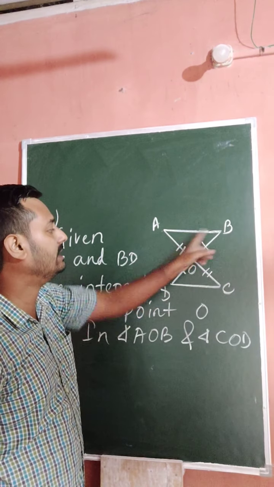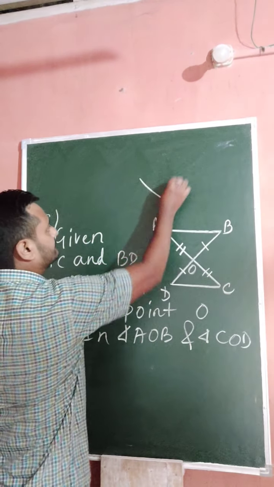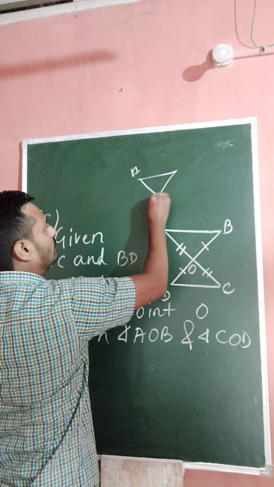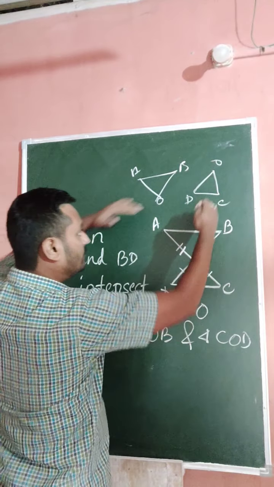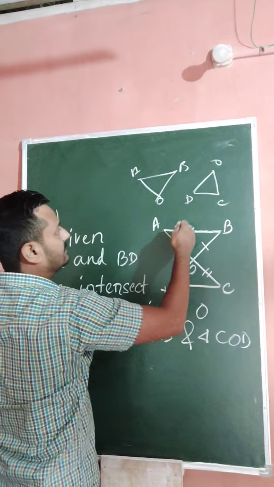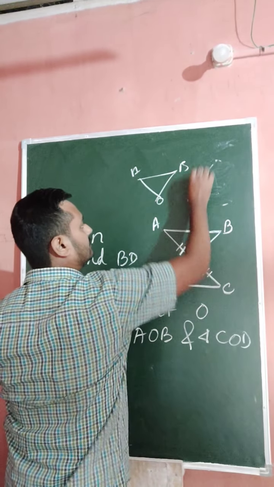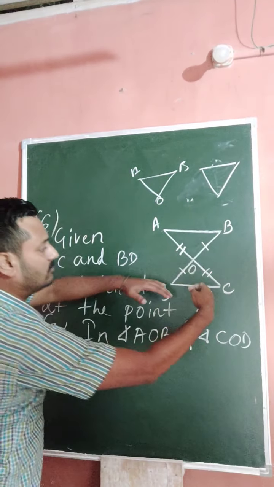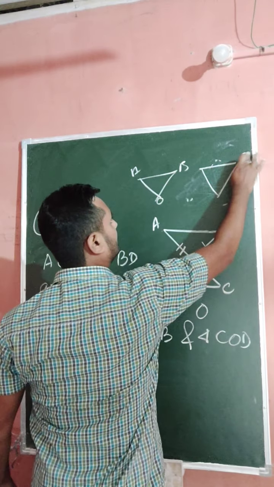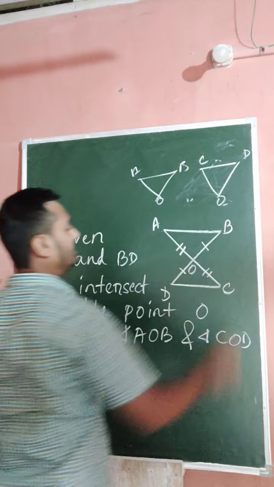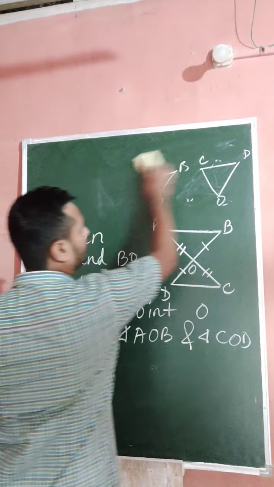They are not saying AOB and DOC, because look at this triangle, these triangles are like this, AOB, and these triangles are like this, COD. If you reverse this triangle like this, then it becomes COD like this. Do the practice, AOB and COD.